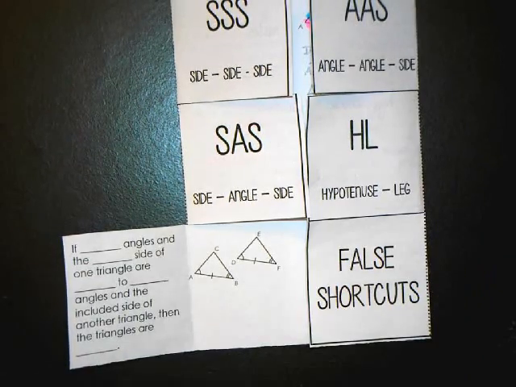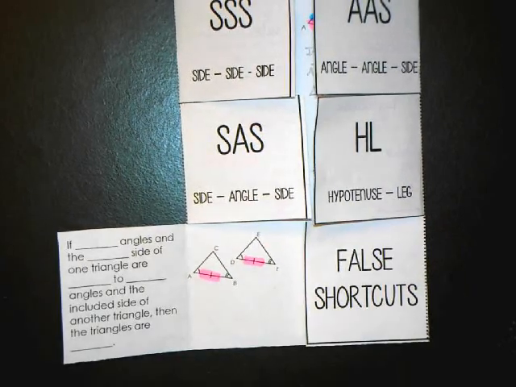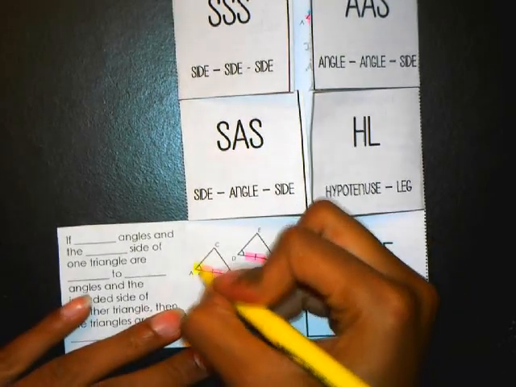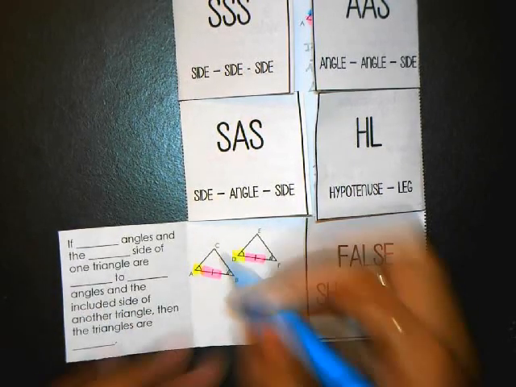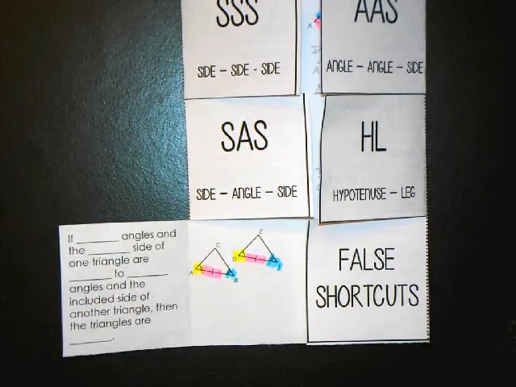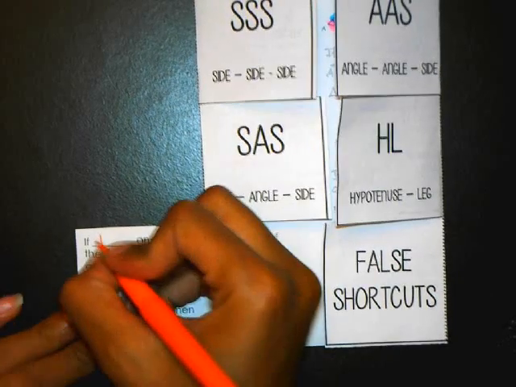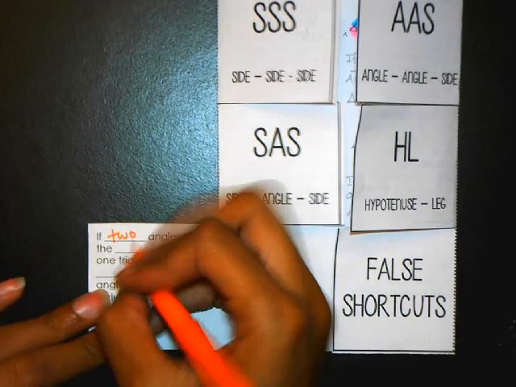Alright, so the statement goes, if two angles and the included side of one triangle are congruent to two angles and the included side of another triangle, then the triangles are congruent.